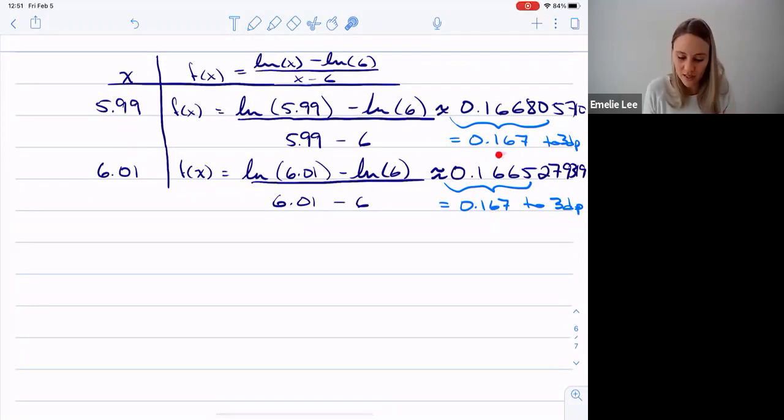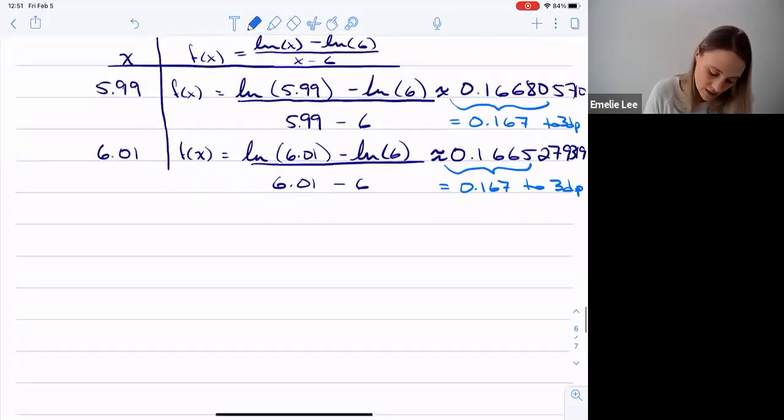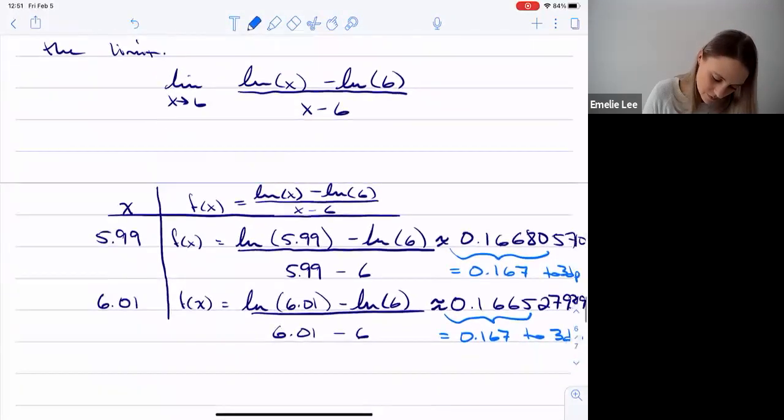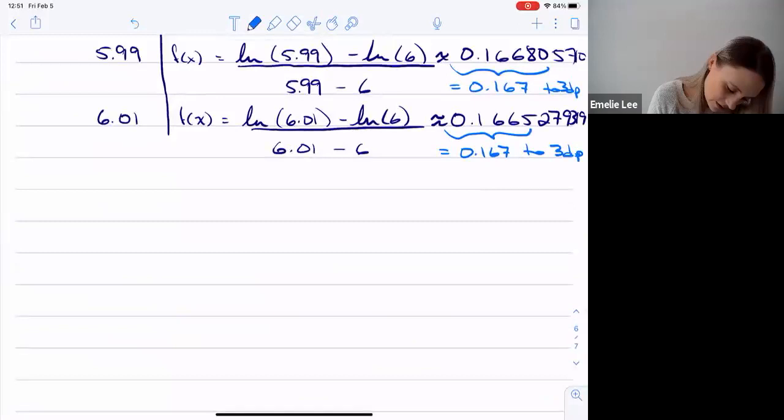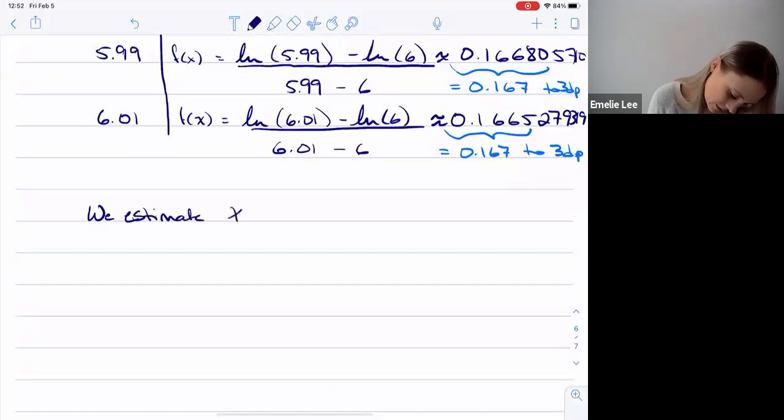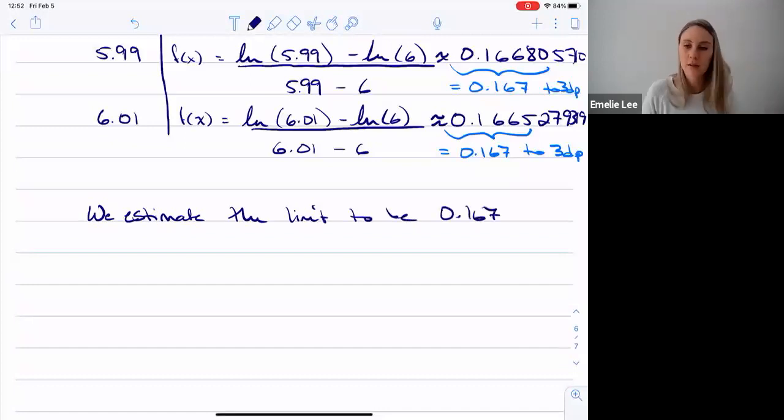But because here they round to the same value, we estimate the limit to be 0.167.